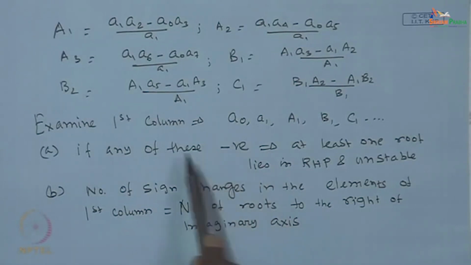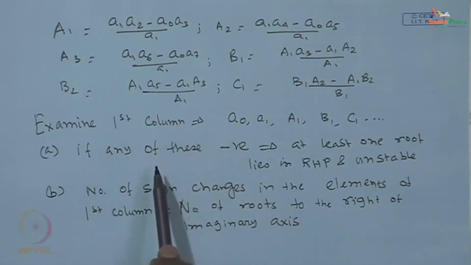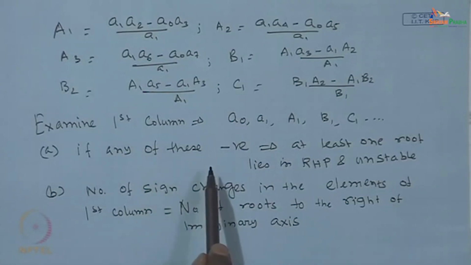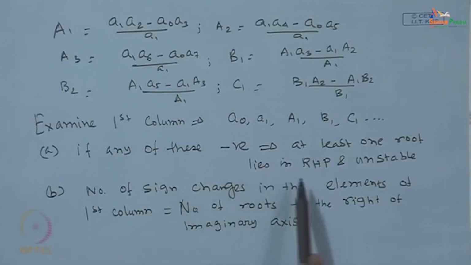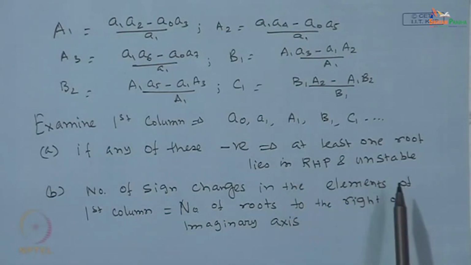If any one of the elements in the first column is negative, then at least one root lies in the right half plane and the system becomes unstable, and the number of sign changes in the first column is equal to the number of roots in the right half plane to the right of the imaginary axis. This completes the theorem of stability for an n-dimensional system.